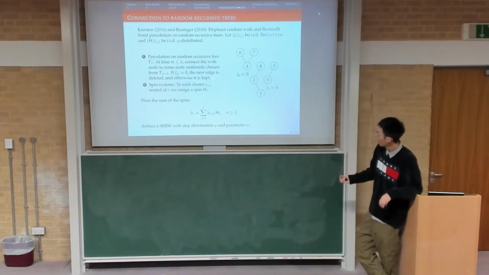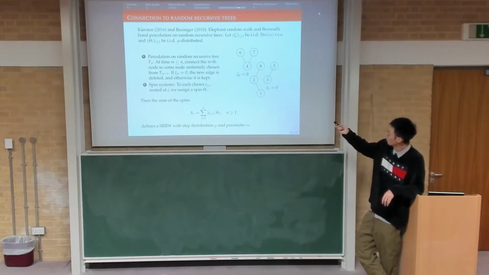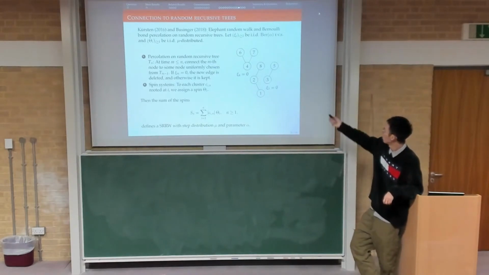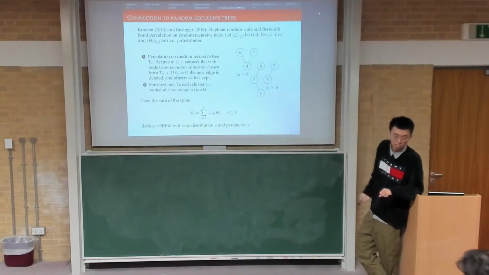If Ci equals 1, then the i-th step is chosen from one of the previous steps. Actually, from this tree structure, the forest structure, we can even see which of the previous steps was chosen. For example, at step 5, it's just a copy of the second step.